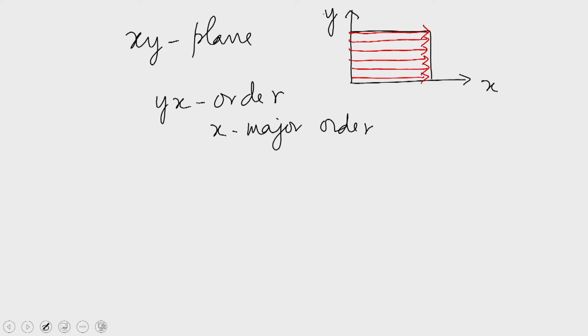So this is the x major order, which according to this figure, if you consider the rows horizontal and columns vertical, this is the same as the row major order.